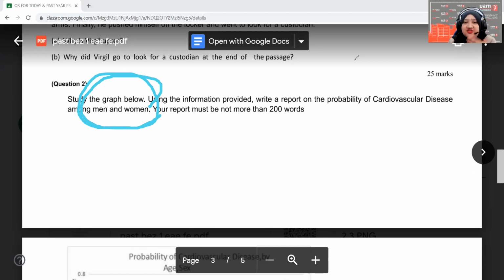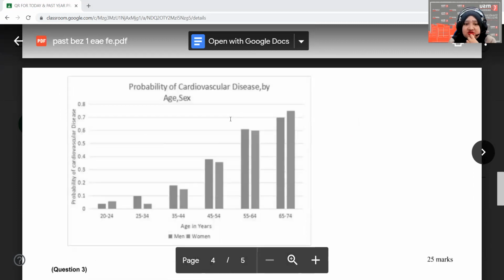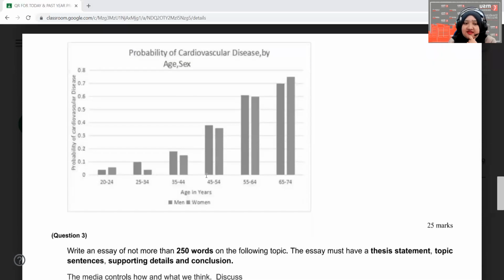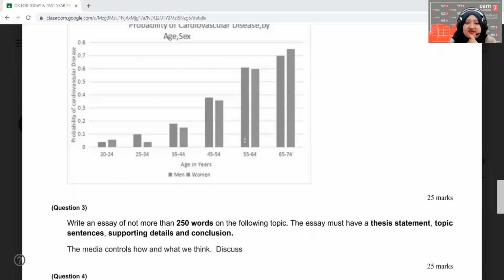You don't have to write a report, just write an essay. You have to study the graphic that is given. The example here is on the probability of cardiovascular heart disease by age and also gender, male and female. If you want to write a nonlinear based essay, carry on.